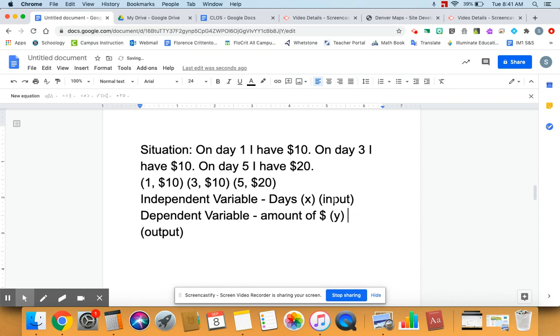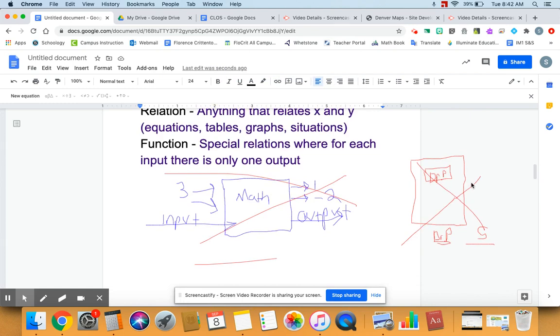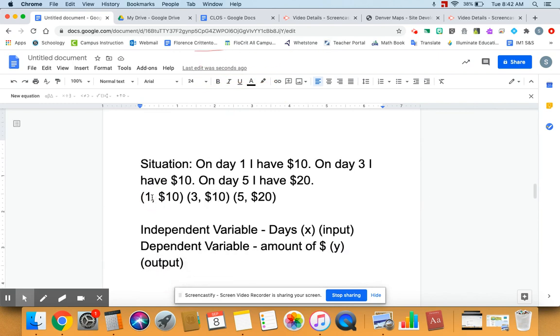This one is kind of interesting because I see 2 10s right here. And so that might make people think, oh, it's not a function because the same number showed up twice. But that's not how it works. It's okay to have the same amount of money on different days. Just like up here, if I had another type of soda button, it could also say Dr. Pepper, and I could have 2 things that give me Dr. Pepper. So it is okay to have 2 different inputs, like 1 and 3, that have the exact same answer, like 10, because that's totally possible.